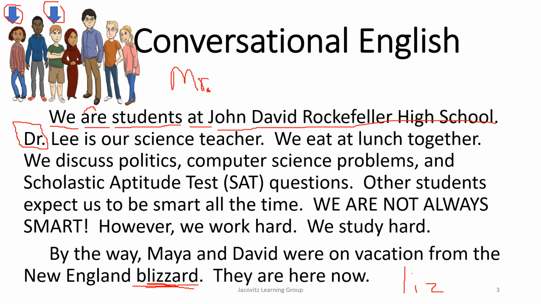You want to go lizard, blizzard. Try to make word associations. And to be honest with you, we said we eat at lunch. Should really just say we eat lunch together. You don't have to do this. It's repetitive. So it should be one long sentence, we eat lunch together.